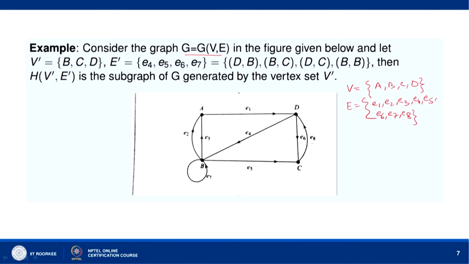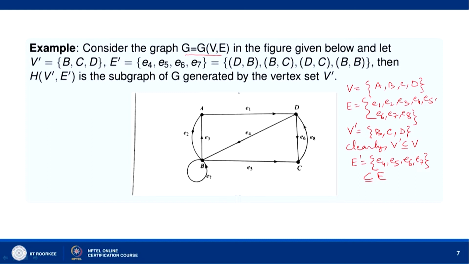Just now we had studied this example. Now, what is B dash? B dash is BCD. We are given B dash equal to BCD. So clearly B dash is a subset of B. Now, E dash consists of E4, E5, E6, E7, and it is a subset of E. E consists of E1, E2, E3, E4, E5, E6, E7 and E8.